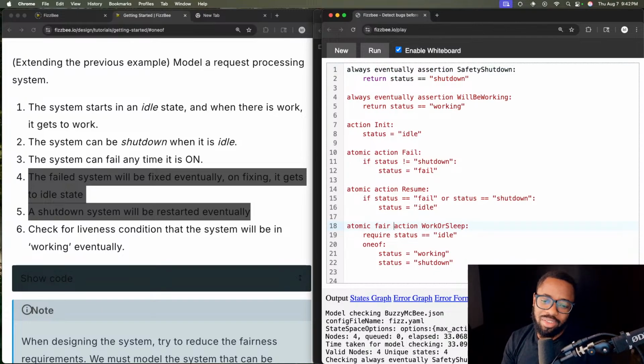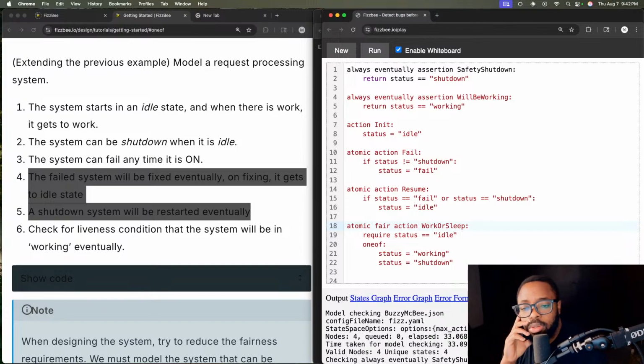Well, so the fairness actually, okay, it's a weak fairness, which means it's requiring that the status is, that it's enabled continuously, because it's a weak fairness.